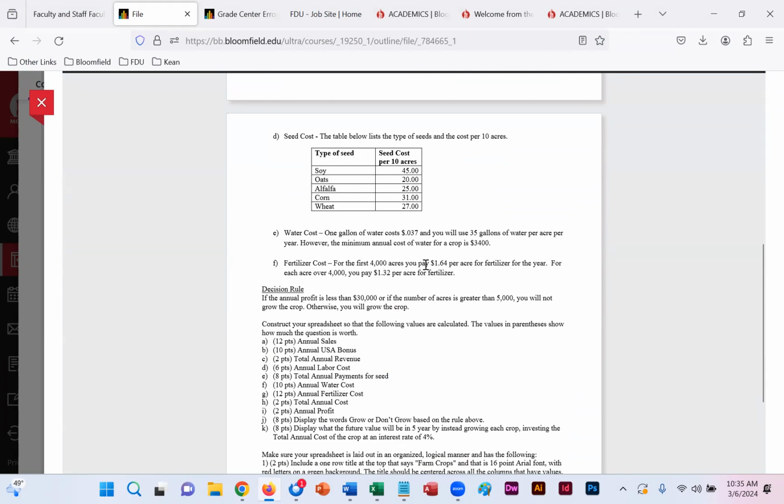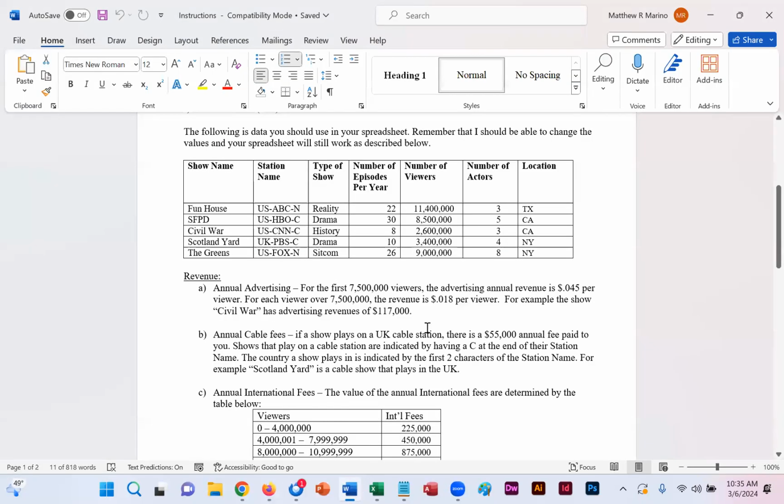So the 4,000 becomes 7.5 million. The 1.64 dollars becomes wherever you put the little less than 5 cents, and then the $1.32 you put down as the little less than 2 cents. So that's why reading through first and setting up all your assumptions is probably your best bet.